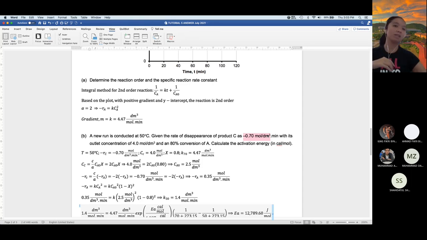Di mana kalau saya tahu minus RC, saya boleh tahu minus RA. Daripada minus RA mesti ada k, dan k ni definitely pada k2. Kenapa? Sebab dia beri kita minus RC ni pada suhu baru. So kalau minus RC pada suhu baru, maknanya minus RA pun pada suhu baru. Kalau minus RA pada suhu baru, definitely k dalam minus RA itu adalah pada suhu 50, pada suhu yang kedua, T2. So I can find k2 using that information.